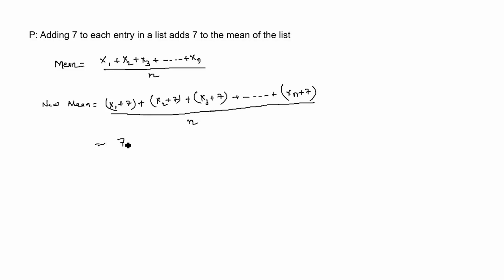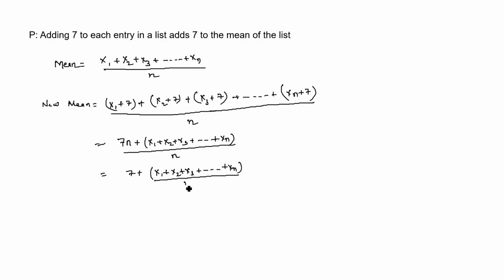So we can write 7 into n plus x1 plus x2 plus x3 up to xn, divided by n. So 7n by n is 7, plus x1 plus x2 plus x3 up to xn divided by n.